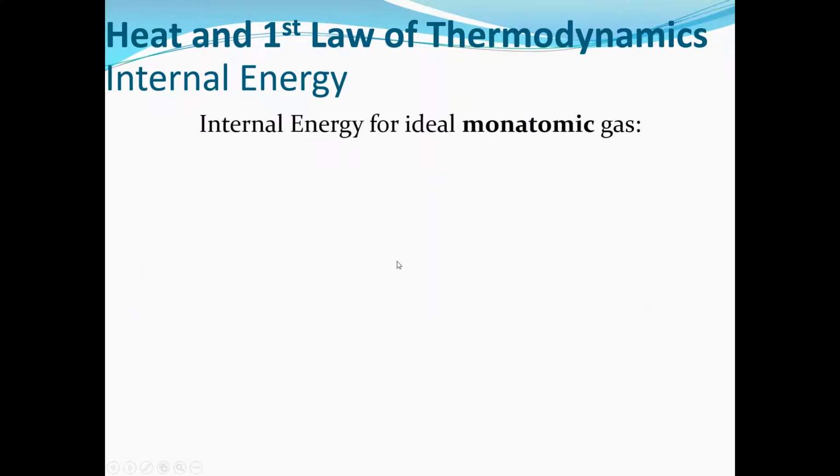Now, the equation for the internal energy for an ideal monatomic gas, monatomic meaning one atom. So, trying to think of something that's monatomic. I'll go with hydrogen, but one single hydrogen atom, nothing else.